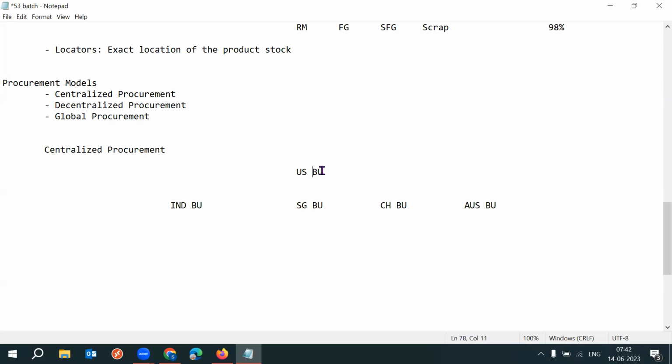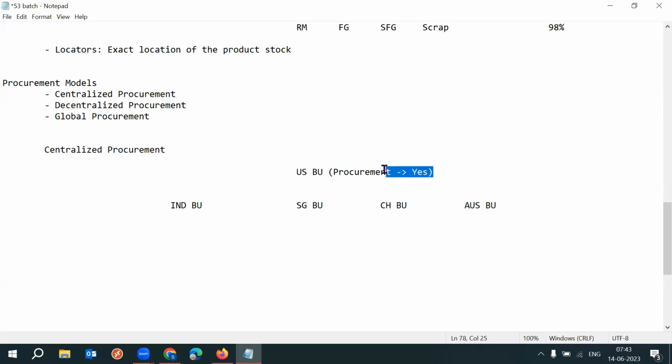So when you're defining the business unit, there is some function called procurement. Let me put procurement. If you select this to yes, only that BU can place a purchase order.